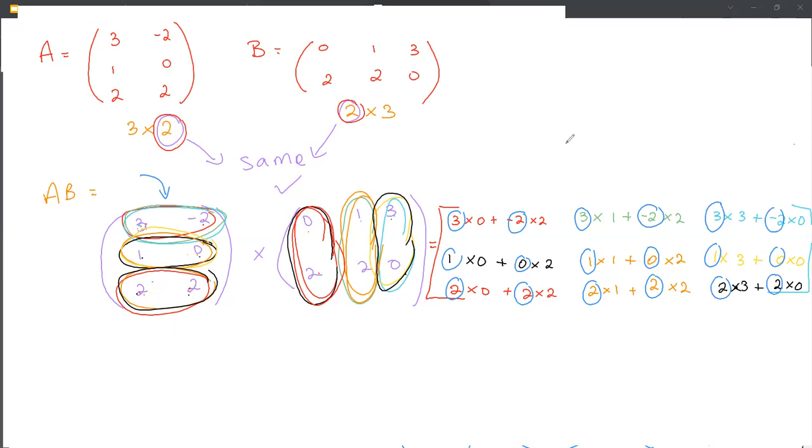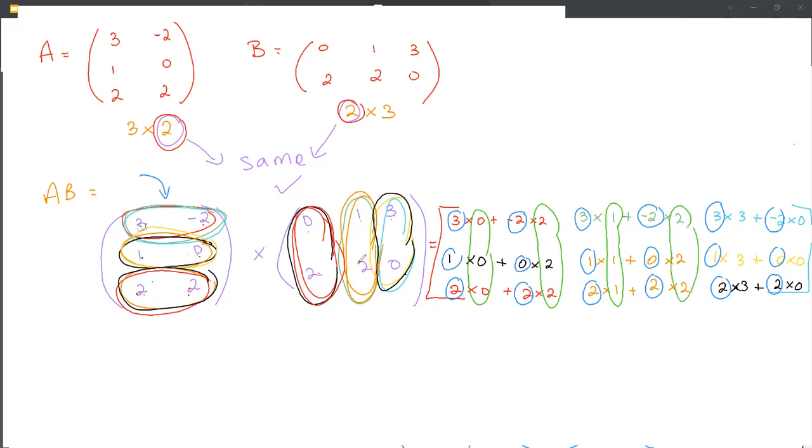And then after each of your multiplication signs, you're going to see 0, 2, 1, 2.